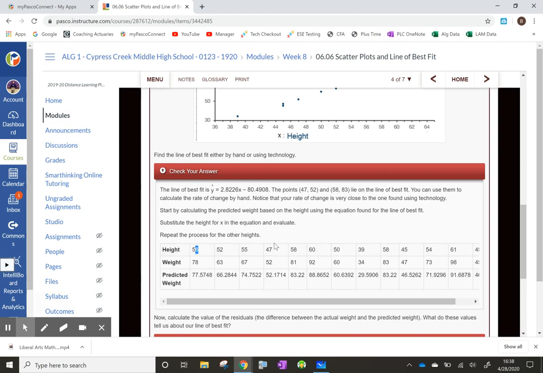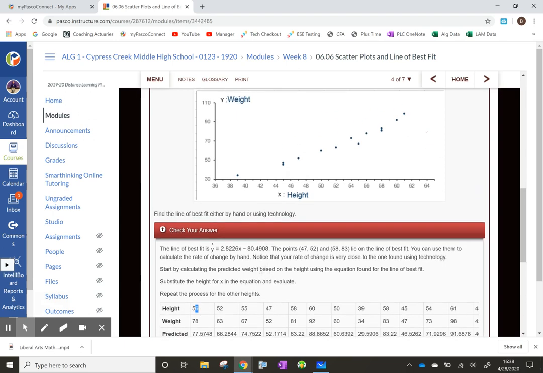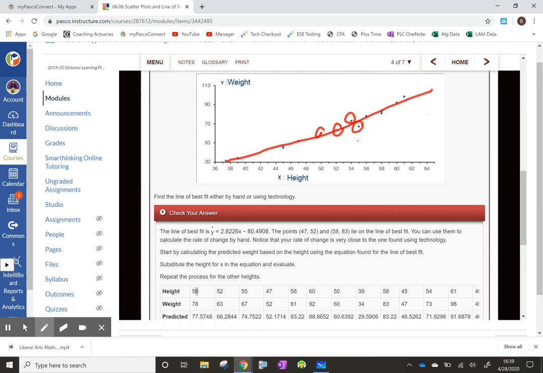Because remember, a line of best fit is not going to go through every point perfectly. Some of the points are going to be a little bit off of it, right? Some of the points will be on it. Some will be above the line. Some of them will be below the line. It's going to change.